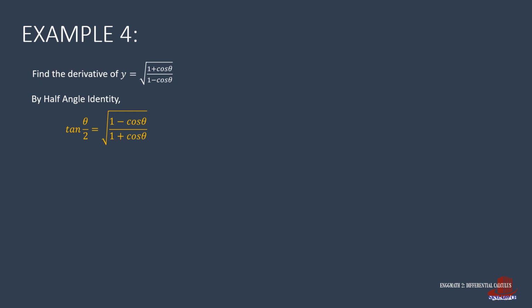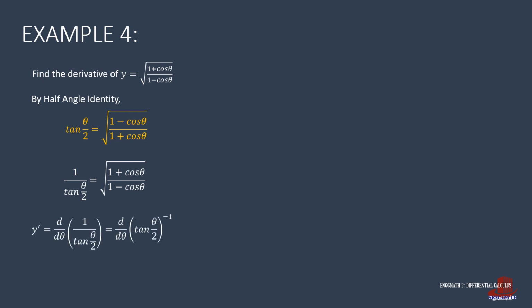Since we have plus over minus in the problem, we can flip the numerator and denominator and have the reciprocal of tangent of theta over 2. We use this in taking the derivative of y, and that is the same as the derivative of tangent of theta over 2 raised to negative 1.